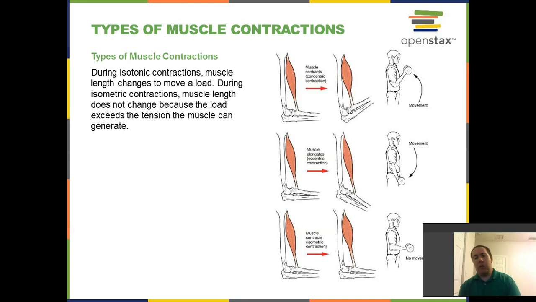An isometric contraction is a contraction that occurs in our muscle in order to keep it in a set position. So we see a picture of somebody that picked the weight up a little bit and they're holding it there. Now, if you've ever tried to lift something up and just hold it there, you know that actually takes a surprising amount of force.